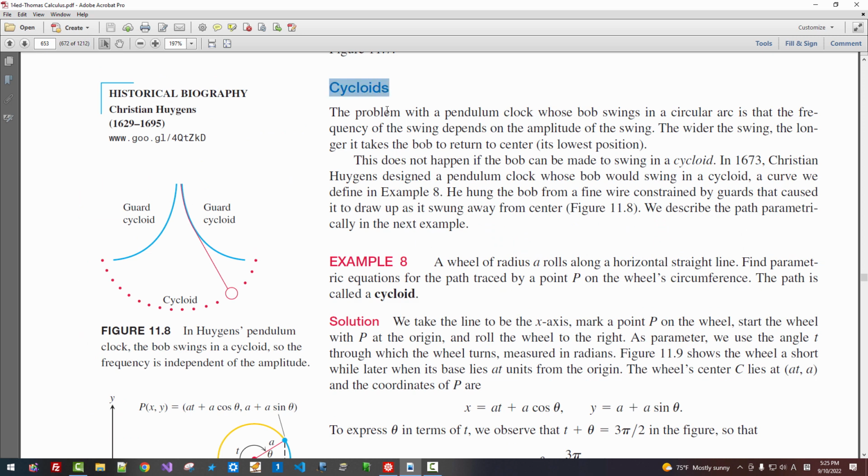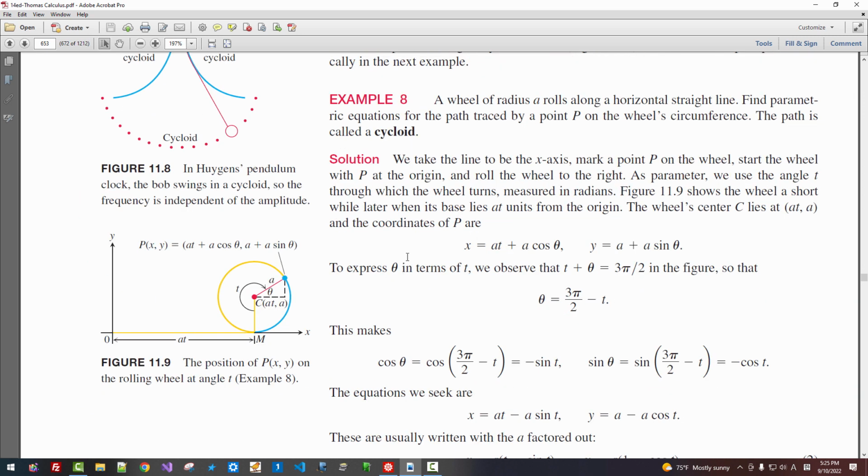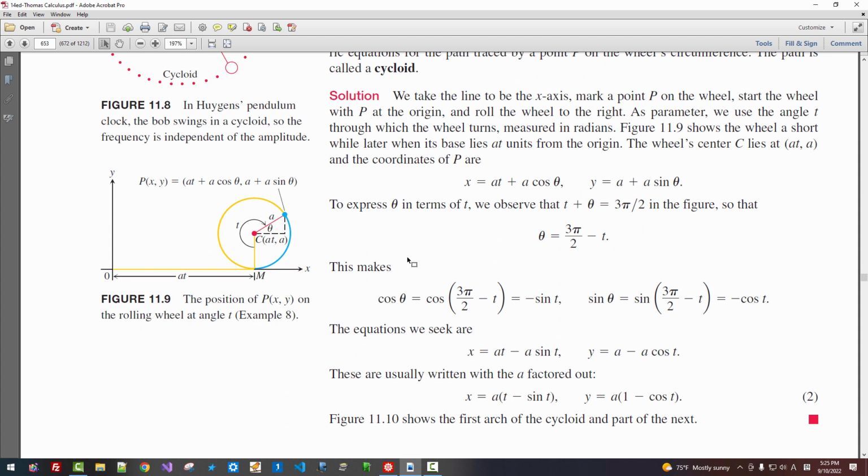Parameterization of a cycloid is not much of a problem. The problem is angle conversion, from cosine of 3 pi over 2 minus t equals negative sine t, and sine of 3 pi over 2 minus t equals negative cosine t.